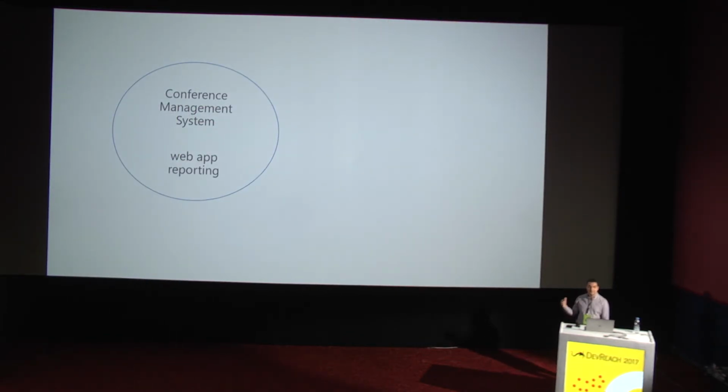Let's say that we have this system right now, which is a web app. You can go there, create your conference, stuff like that. But let's also say that we want to introduce a new module to our system. Let's say that we want to have something like reporting.